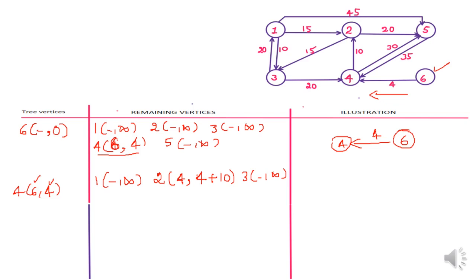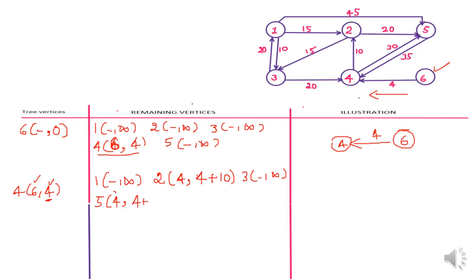From 4, it is already added to the tree, but what about 5? 5 is making an edge via 4, and 6 has no direct edge. So near vertex is 4, and till 4 the distance is 4. So 4 plus 4 to 5, what's the edge?